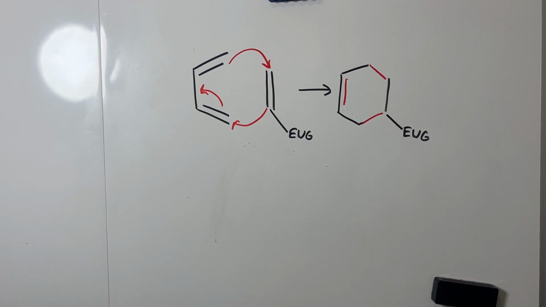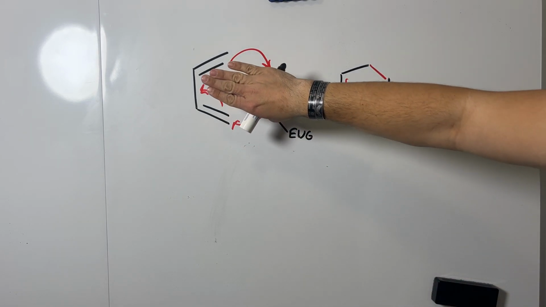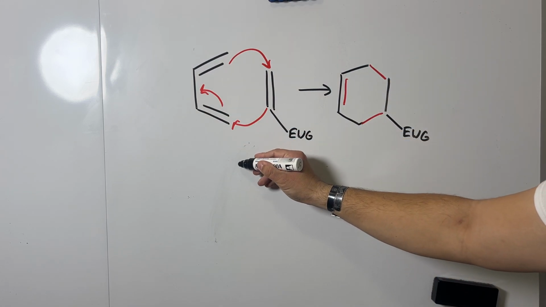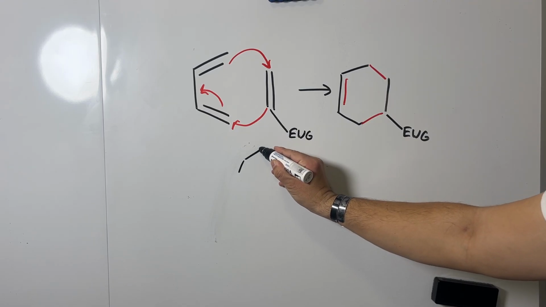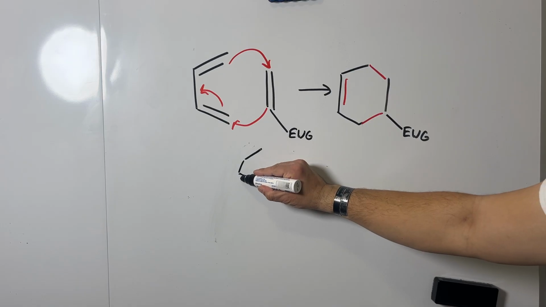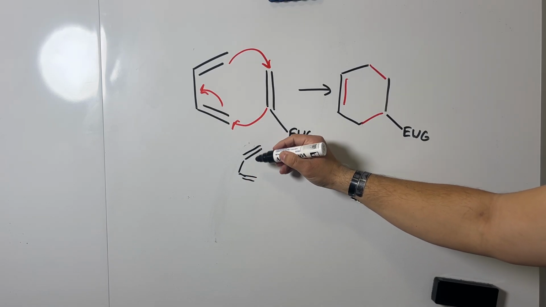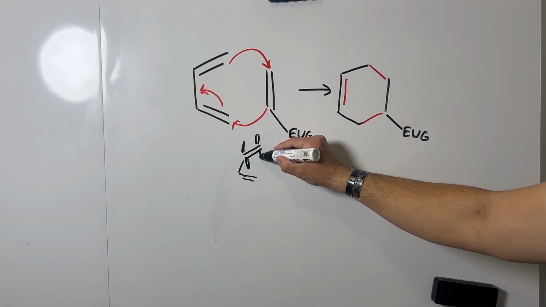So the reason this works is we have the orbital overlap. Now I'm going to try to draw this instead of top down, kind of head on, but bear with me and my lack of art skills. So we have our diene like this. We have our orbitals, our p orbitals, okay?